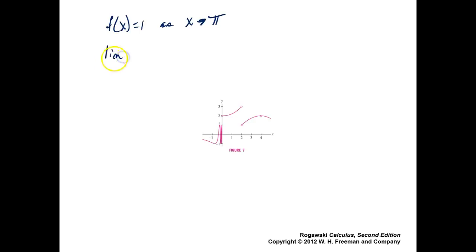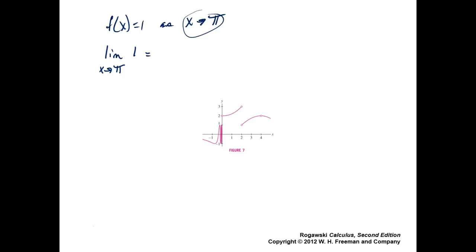The limit as x approaches pi. And what's your function? 1. So that's what we're looking for.